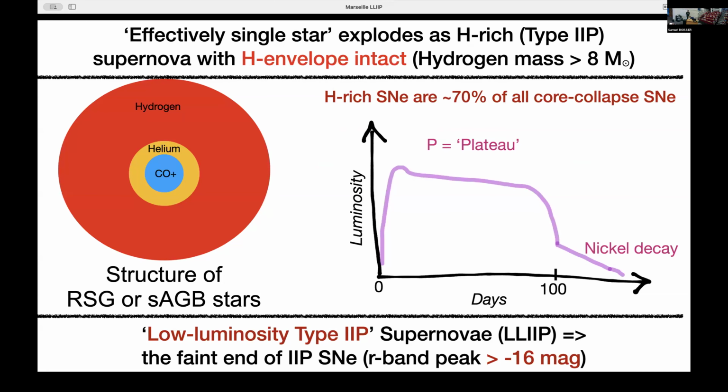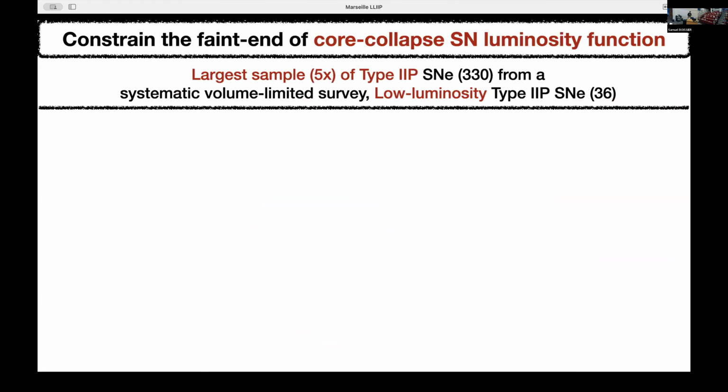For those who are not familiar, type 2P supernovae are those which are hydrogen-rich, retain a lot of hydrogen at the time of explosion, and have this plateau as the photosphere passes through the recombination front. And low luminosity I define as those which have a peak brightness fainter than -16 magnitude. I'm happy to discuss more on the exact cut.